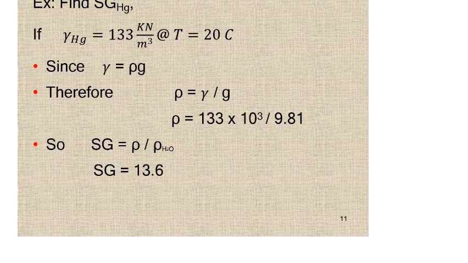The gamma is given and we know the value of gravity, so if we divide them, we will get density. By the formula, specific gravity is equal to the density of the unknown material, or density of mercury, divided by the density of water. We know the density of water is equal to 1000. If we divide both of them, we will get this answer.